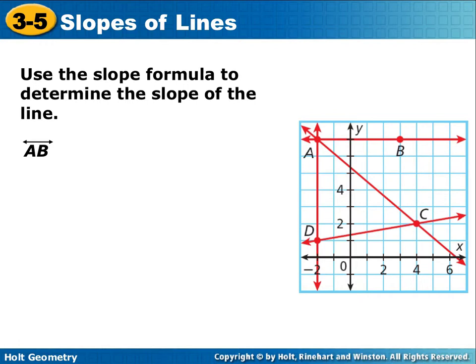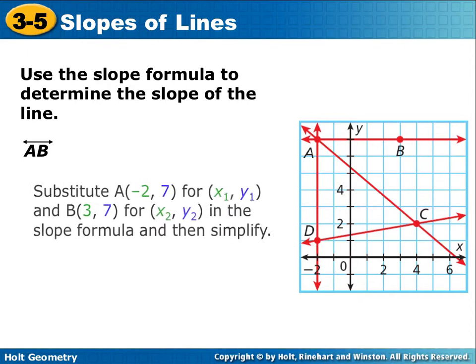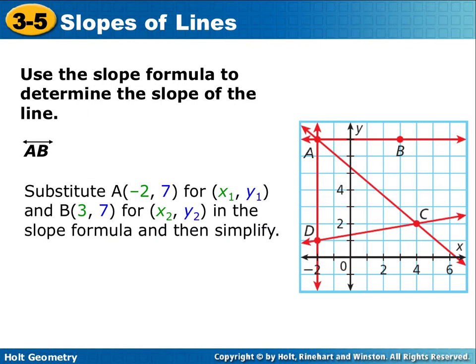A is the point, what, -2, 7? Is it 7? 7, yes. And B is the point 3, 7. Okay, so write down your 2 points. And now use that slope formula, it's in your notes there. Calculate the slope.